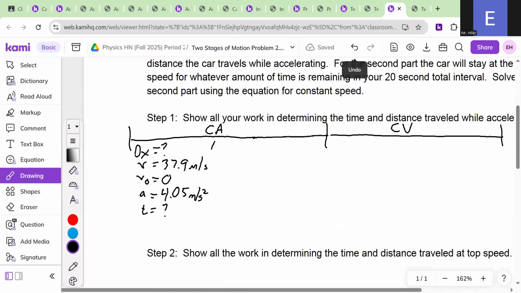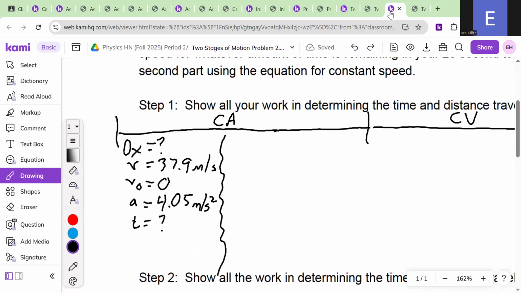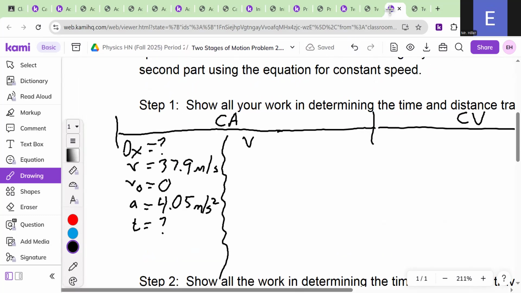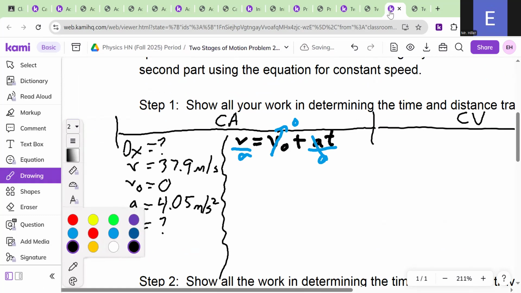So let's find that work. All right, I'm going to use equation number 8 to find the time that it took to accelerate. So v equals v naught plus a times t. Notice we're starting from rest. So to solve for t, we just divide by a. Easy.